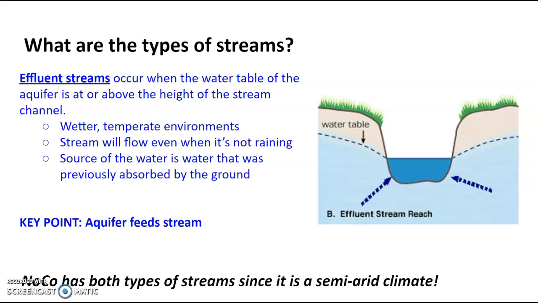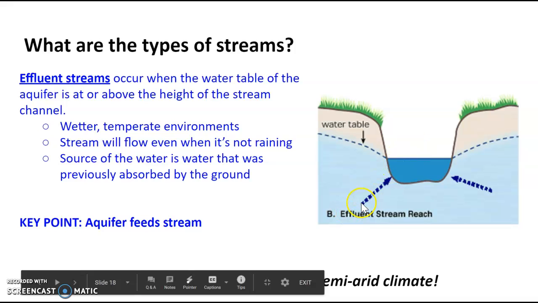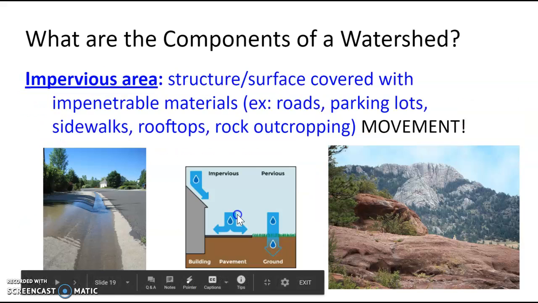Stream flows even when it's not raining. And the source of the water is water that was previously absorbed from the ground. And so in this case, the aquifer is feeding the stream because the aquifer has extra water. And here in northern Colorado, we have both kinds because we are a semi-arid climate.